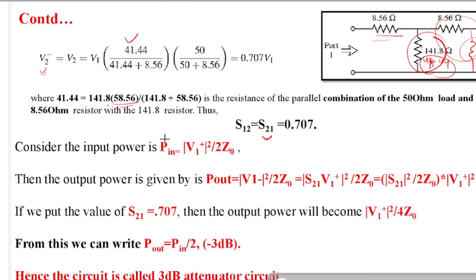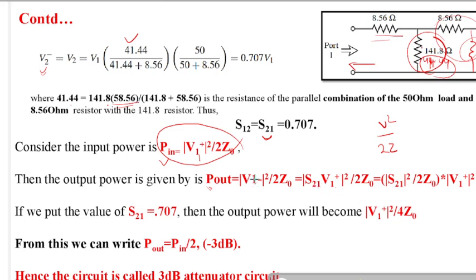If we consider the input power, power is V squared by 2Z naught, so it is V1 plus squared divided by 2Z naught. This comes from the wave propagation equations. So this is the P input, and what is the P output power? The output power is from V2 minus, which is S21 into V1 plus.